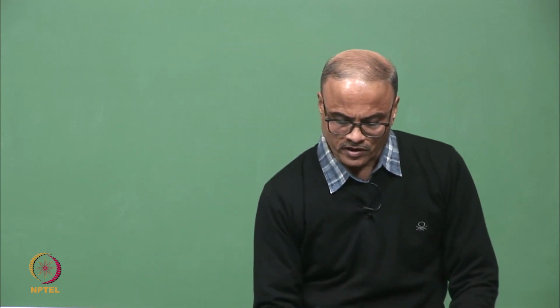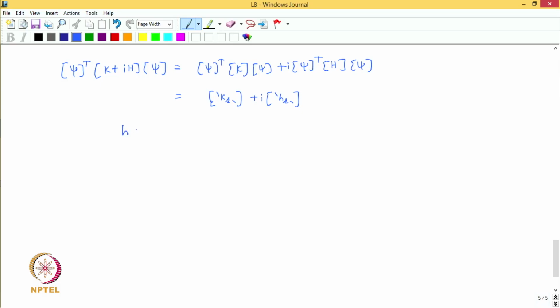For a single degree of freedom system, we just noted that H is equal to eta times K. So, at the modal level, if we apply this relationship for each mode, then the structural damping coefficient for the rth mode should be equal to the modal loss factor for the rth mode multiplied by the modal stiffness for the rth mode.